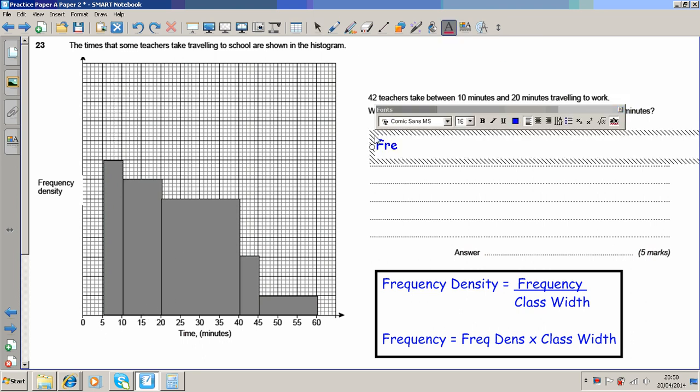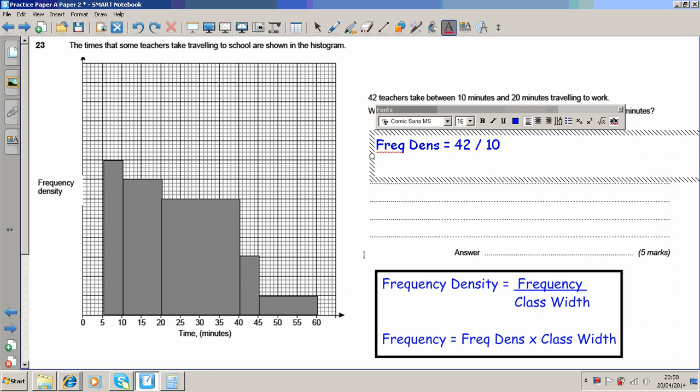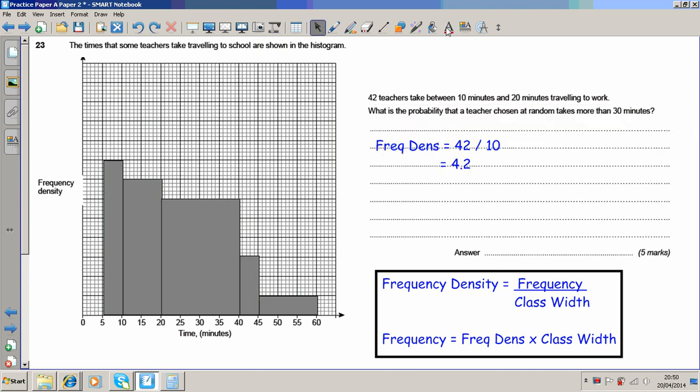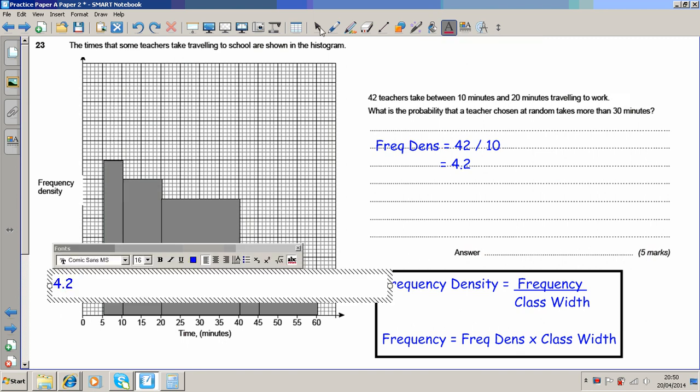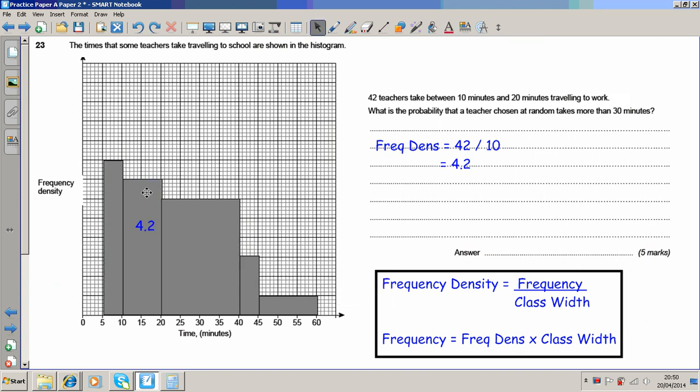So what is the frequency density there then? The frequency density is the frequency, well it tells you it's 42, divided by the width. Well, 10 to 20 is 10. So that is 4.2. I can then work out the rest of the scale. So that there is 4.2. There's 1, 2, 3, 4, 5, 6 going up to there.